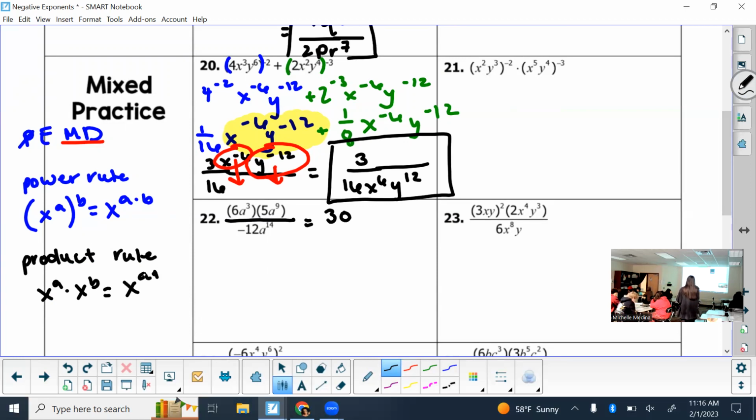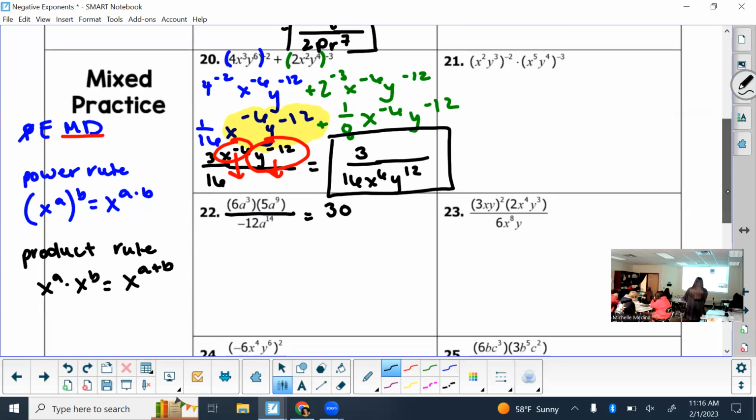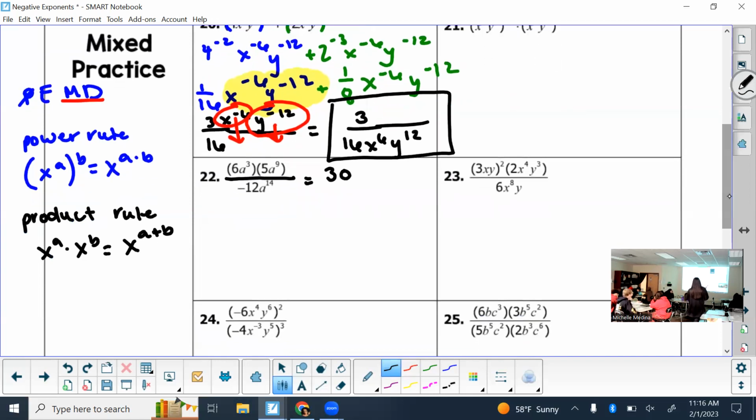So have those rules handy in your notes so that you can refer back to them. For now, you can use your notes on everything in here. So then a to the 3 plus 9, so that gives me a to the 12. Over, we haven't done anything to the bottom yet, over -12, a to the 14. Questions on that side?